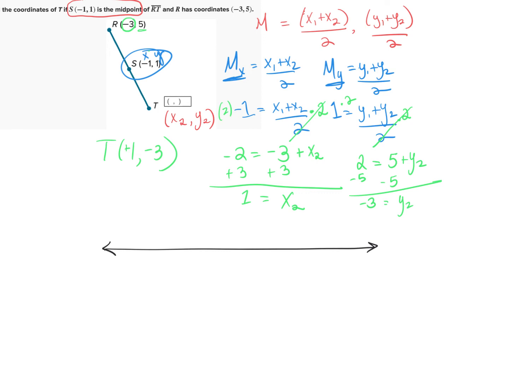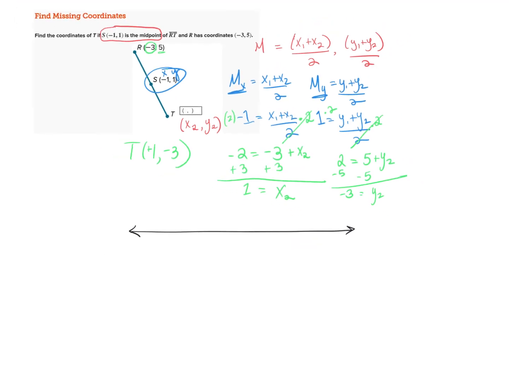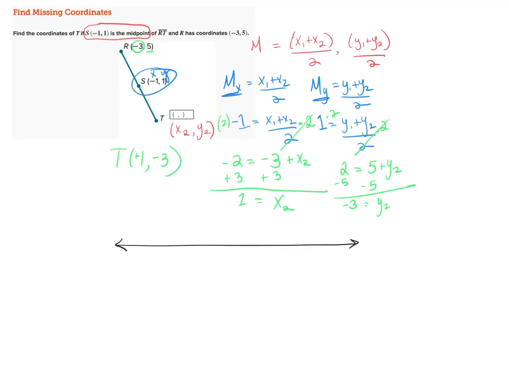For those of you who solved fractional distances using the two number lines, this isn't extremely different. So you'll notice on my x values, R is at negative 3, and S is at negative 1.